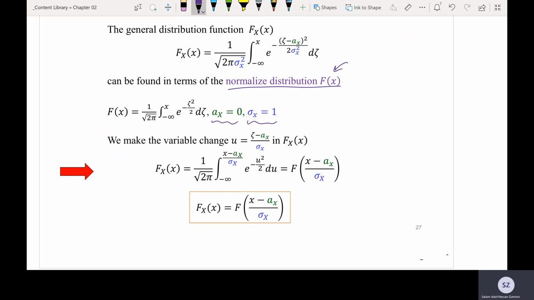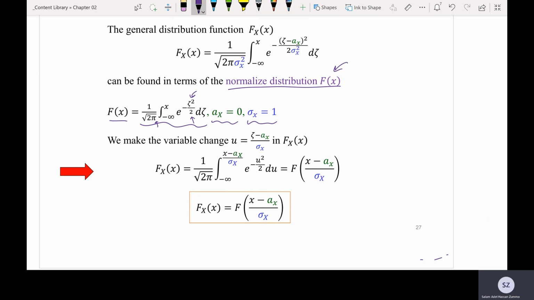This is the distribution that I will build a table for. So I will build one table for one Gaussian distribution with this f_X(x). It's this integral, because the mean is 0 and the variance is 1. So this is the distribution that I will build a table for.